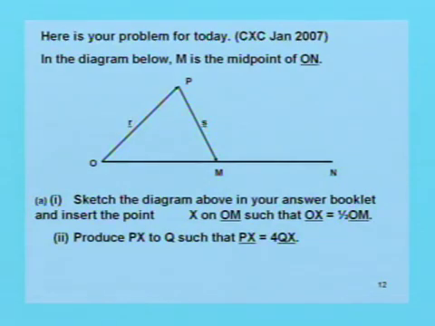Here is your problem for today, taken from CXC January 2007. In the diagram below, M is the midpoint of ON. Part A. 1. Sketch the diagram above in your answer booklet and insert the point X on OM such that OX is equal to a half OM.